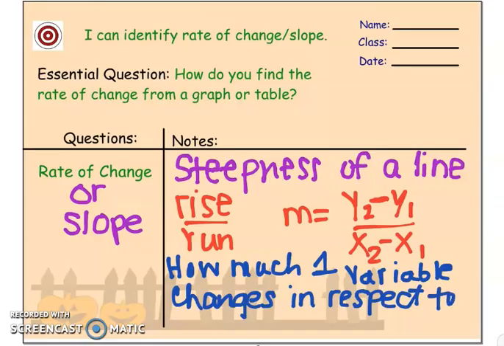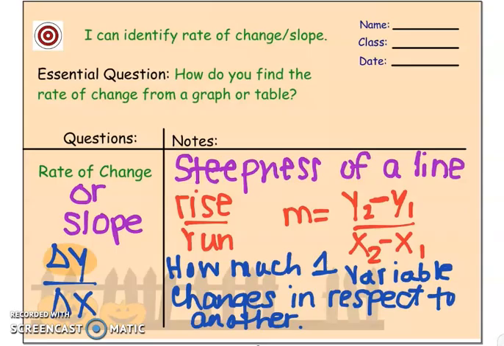And what we're going to use to represent this rate of change is a triangle called delta. Delta represents the change. Delta is just a Greek symbol. So delta y means the change in y, and delta x means the change in x.